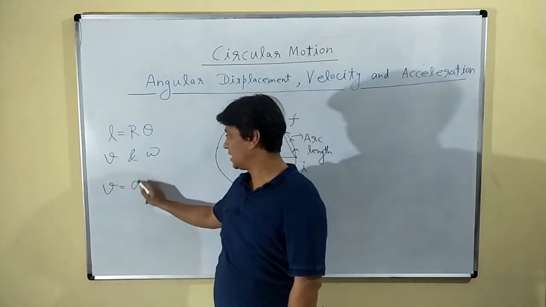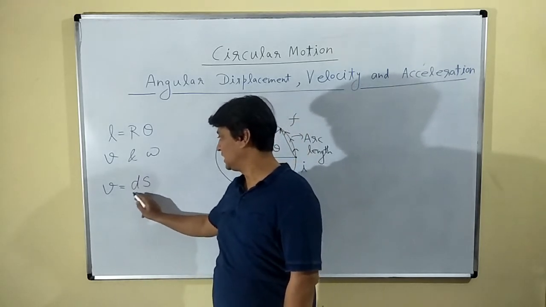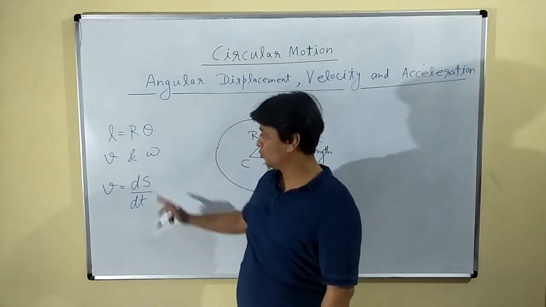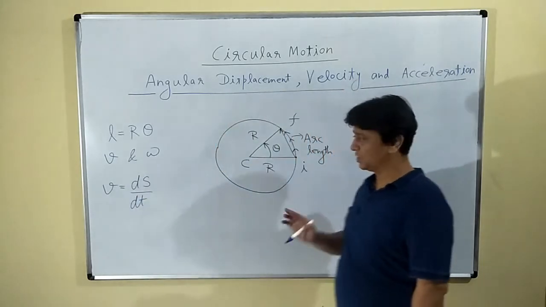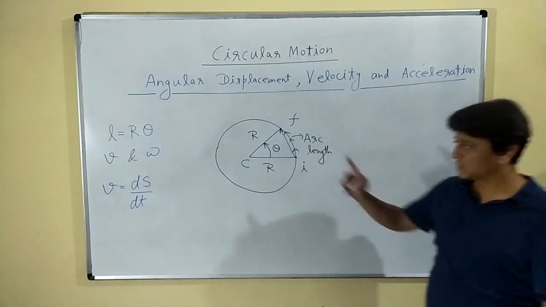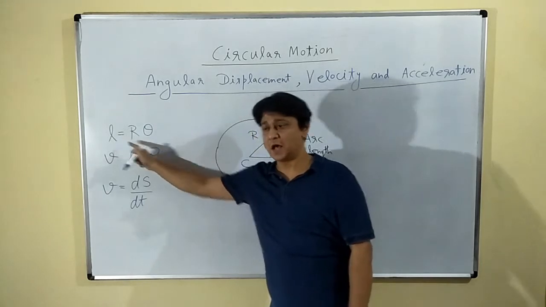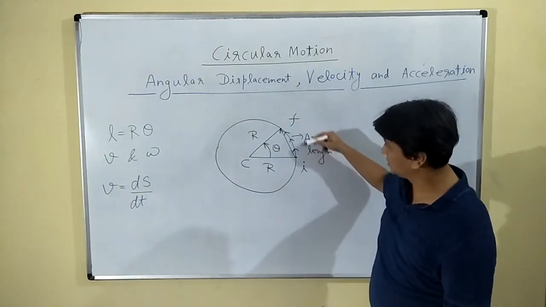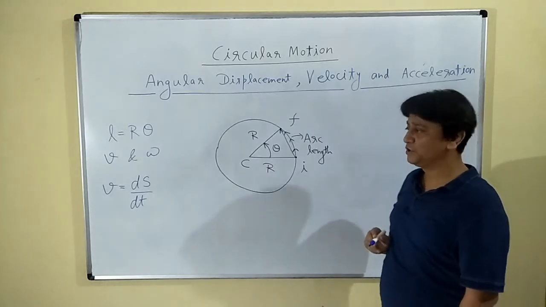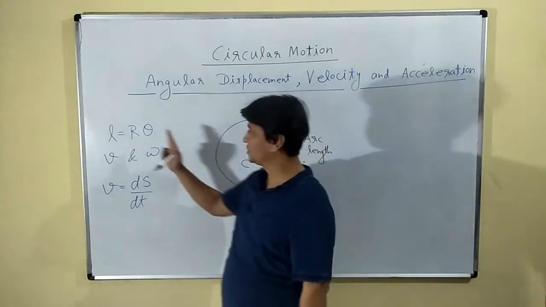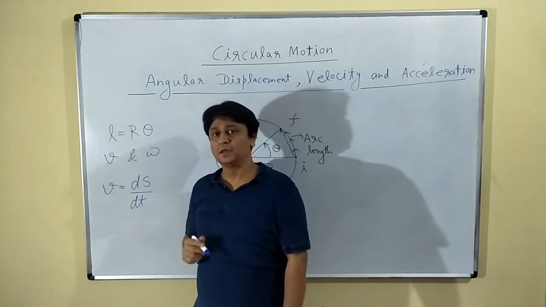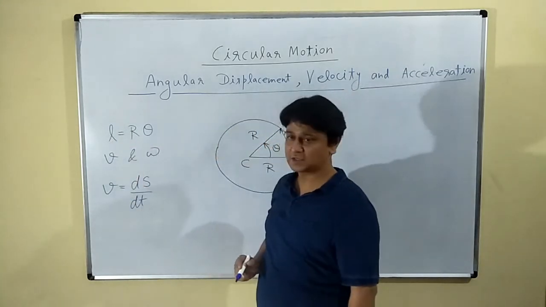And how do you write that? V is ds divided by dt. What is S? Displacement. What is ds? Small displacement. But what is L? L is arc length. This is the arc length. And what is arc length? Distance. And therefore we should convert this distance into displacement. क्या करेंगे? कुछ खास नहीं.